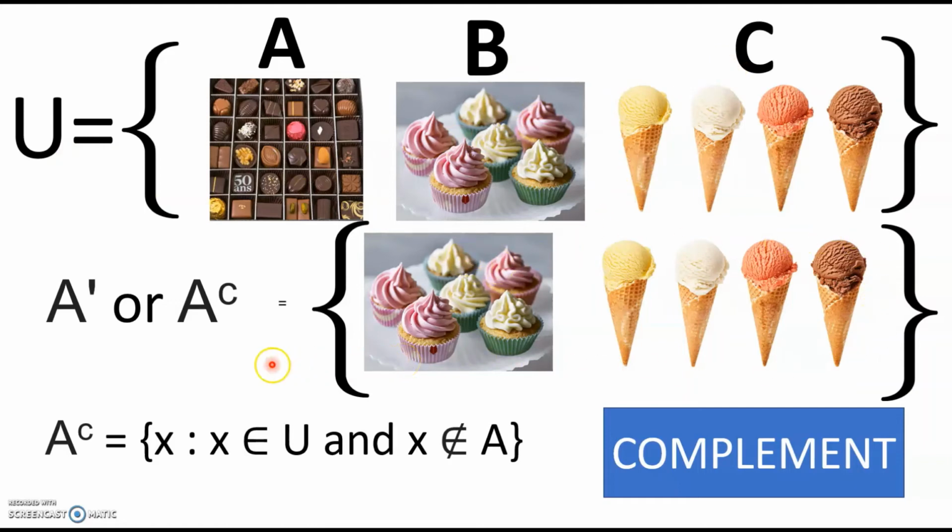So that is a complement set. So A complement can be written as the set of x such that x belongs to U and x does not belong to A.